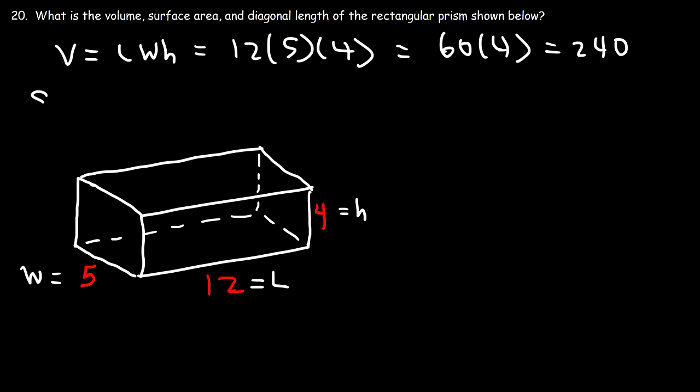Now what about the surface area? So we've got to find the area of all 6 faces. So first let's find the area of the bottom face, which is length times width, and also the top face is also length times width. So the area for the bottom and the top, we could say it's 2 times LW.